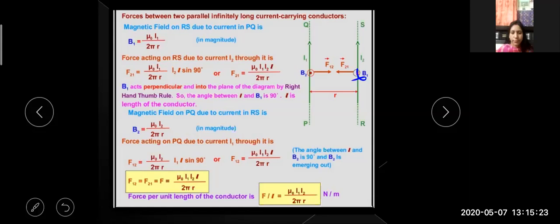So according to the right hand screw rule, the magnetic field will be directed inward. Since in conductor PQ the current is flowing in the upward direction, if we apply the right hand screw rule, the magnetic field will be in the anti-clockwise direction. It will be directed inward, right? So magnetic field B1 will be in the inward direction at the conductor RS. So I hope this point is clear to you.